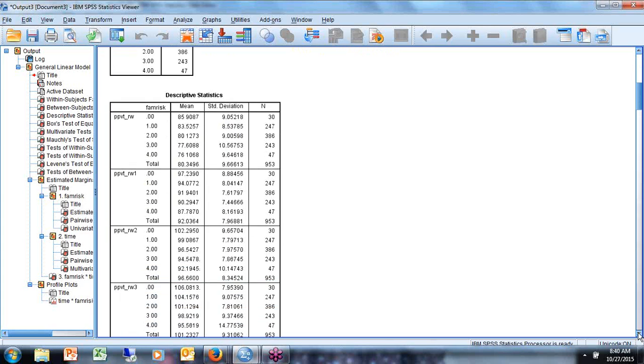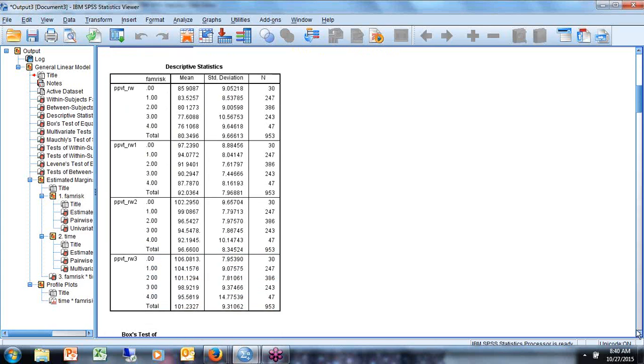We can come down here and we can get an idea of what the relationships look like. You can see that it looks like the lower the level of family risk in general, the higher the means are across each one of these grade levels. So we might be anticipating a relationship in which there is an effect for family risk, but it looks like those patterns are pretty stable across time.